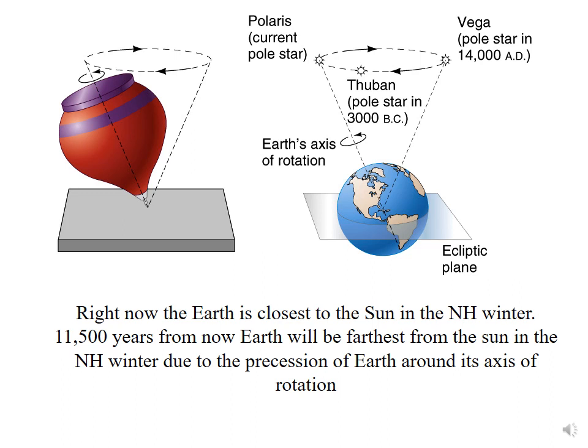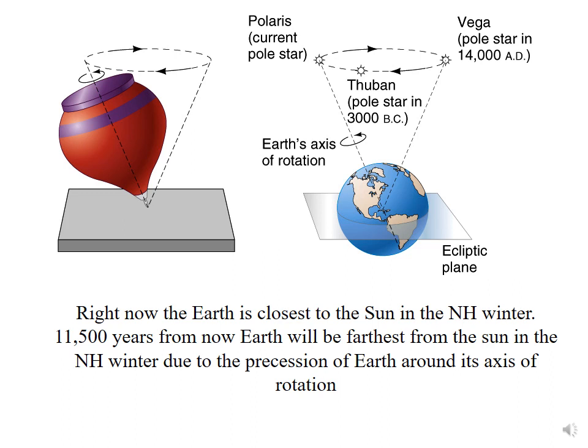So this slide is showing the progression of the Earth's axis due to precession. And right now, the North Pole is pointing at Polaris, which we call the North Star. But the precession of the Earth will cause the North Pole to be pointing at a different star in the future.